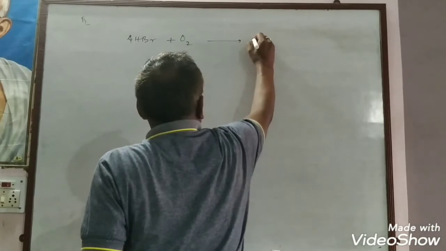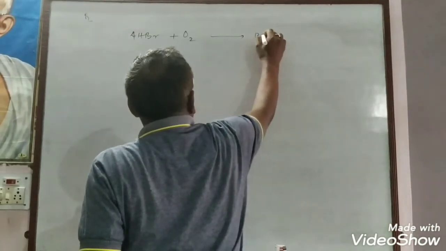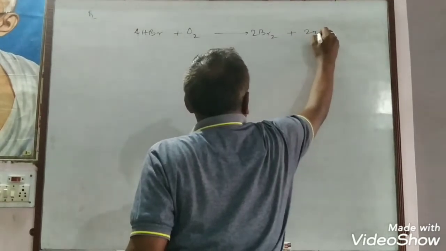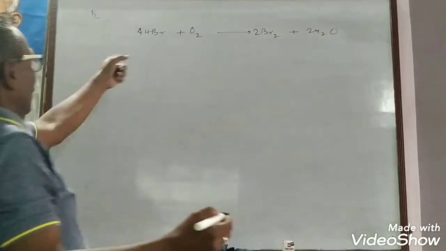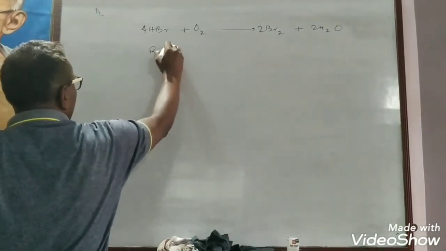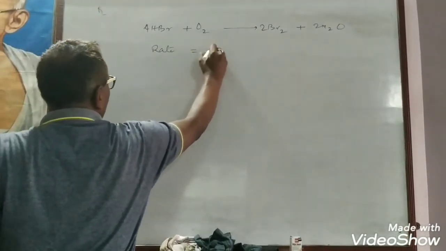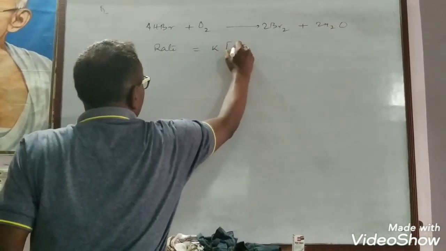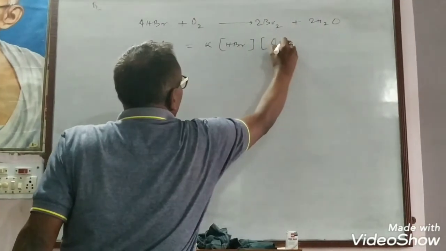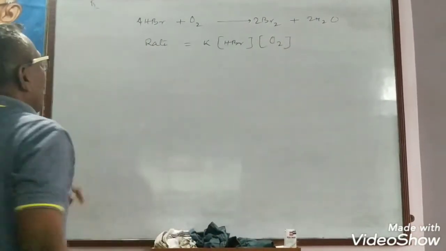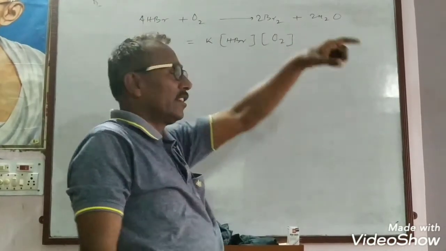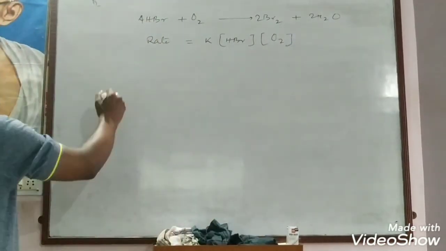The product is 2Br2 plus twice H2O. For the given reaction, the rate law is rate is equal to K into concentration HBr into concentration O2. This is given in the question.